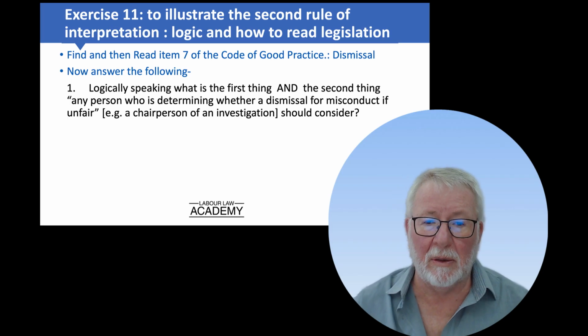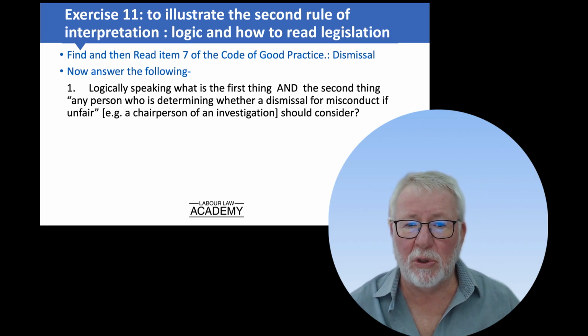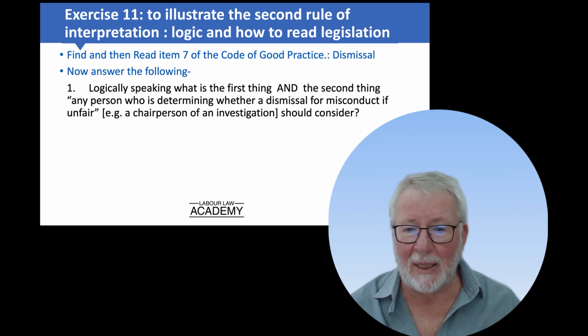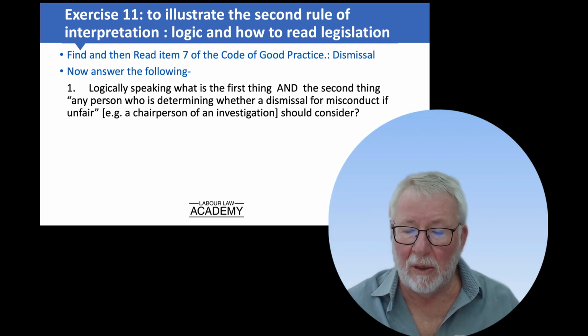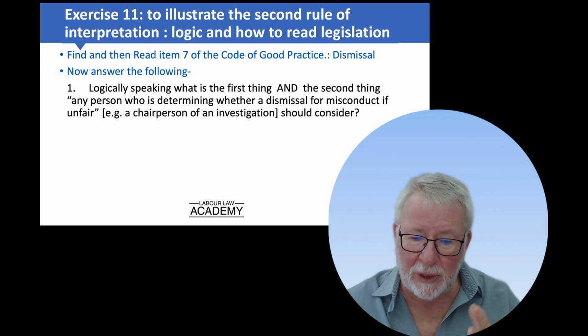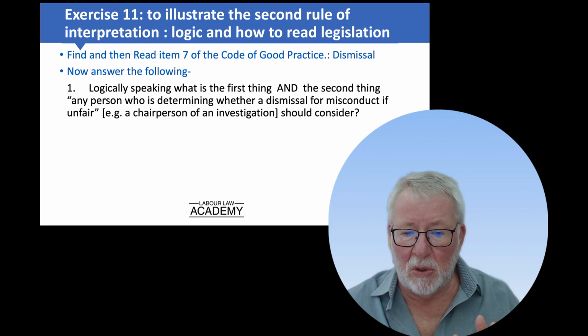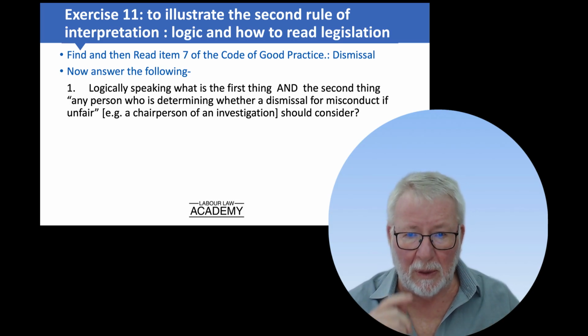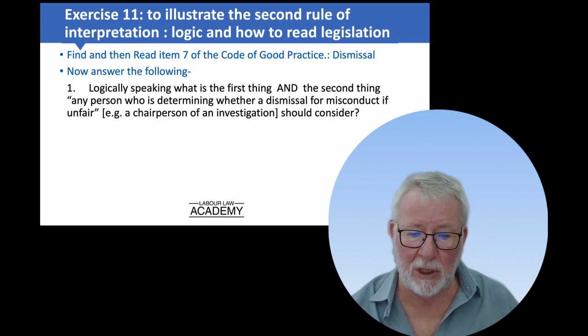Logically speaking, what is the first and the second thing that any person who's determining whether a dismissal for misconduct is unfair should do? They're referring to a chairperson of a disciplinary hearing, in fact an arbitrator as well, but for now we'll just deal with it as what a chairperson should do.